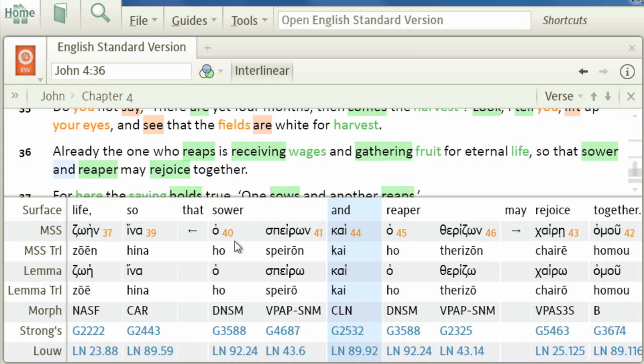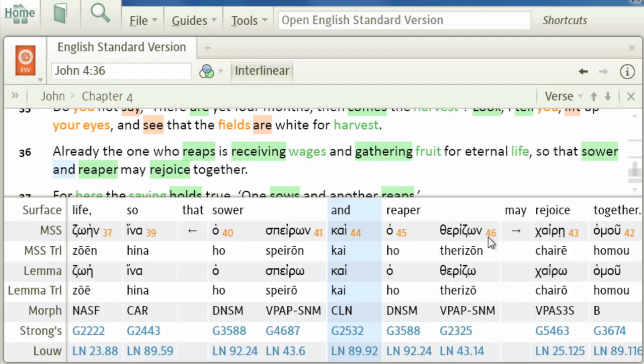Here we have the sower, ho speiron, numbers 40, 41. And now notice I need to jump over a few words here to hama, which is together, 42, chairē, 43, may rejoice, and then ho therizōn, which is translated reaper, 45 and 46.